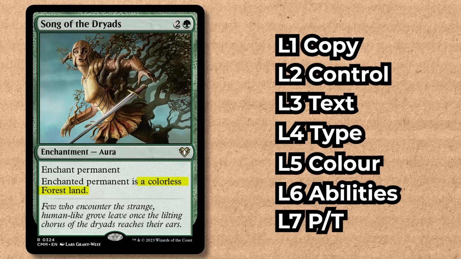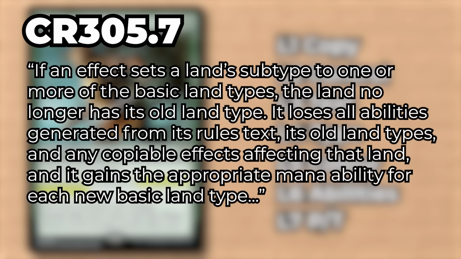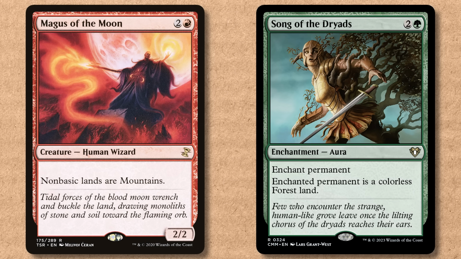Now one other rule we need to know that I'll quickly mention is rule 305.7, which basically says if a land has its type set to one or more of the basic land types, it loses all of its abilities. This is why Blood Moon and Magus of the Moon turn off non-basic land abilities. So knowing this, when Magus of the Moon is enchanted by Song of the Dryads, they'll lose all of their abilities.